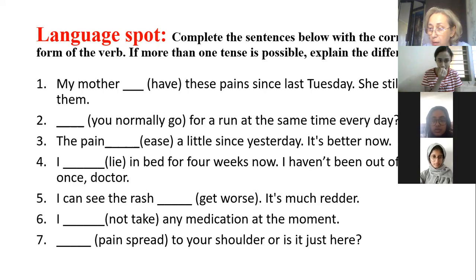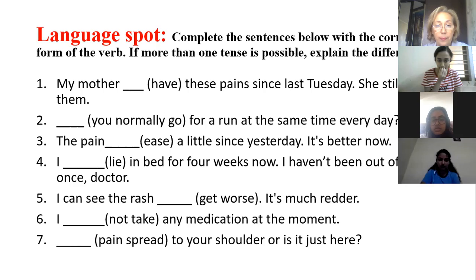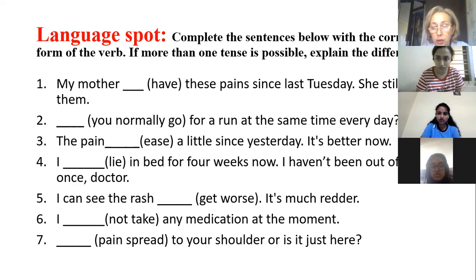Okay. Who is the next? Sinju. Is this pain spreading to your shoulder or is it just here? This sentence is about the present state, the present condition. So it's better to use the present simple tense here.